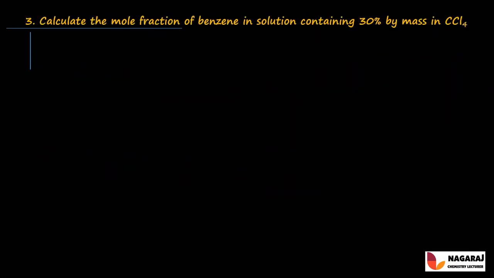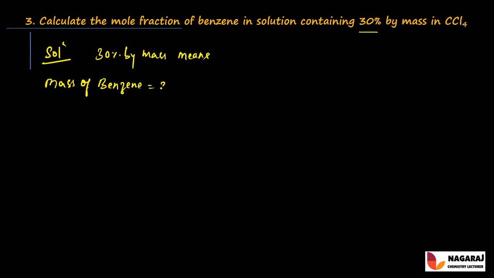Let us take one more problem to calculate the mole fraction. Calculate the mole fraction of benzene in a solution containing 30% by mass in CCl4. 30% by mass means the mass of benzene is equal to 30 grams, the mass of CCl4 is equal to 70 grams, and the mass of solution is equal to 100 grams, right?